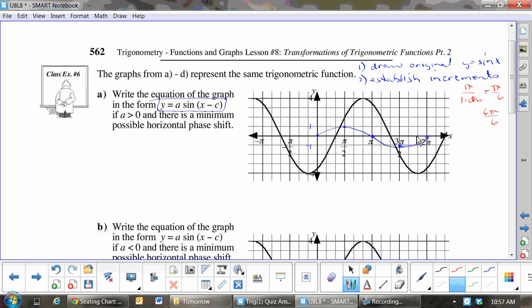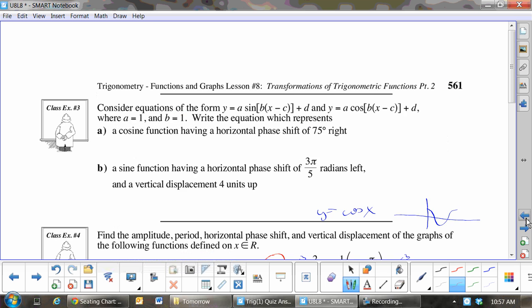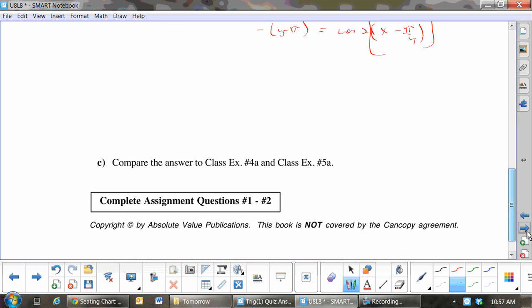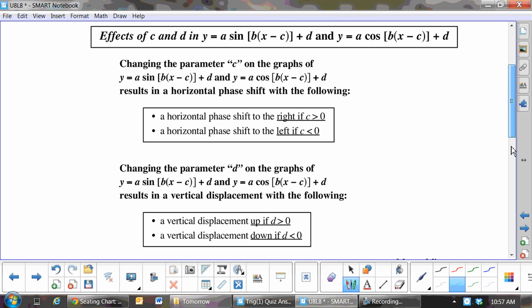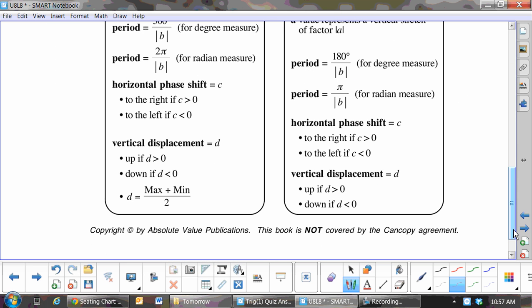And if you go back to here at the bottom, this is called D. That's your max plus your min divided by 2. Max plus min divided by 2. What are they finding when they add the top and the bottom and divide by 2?